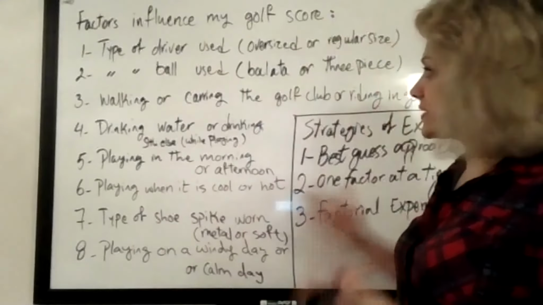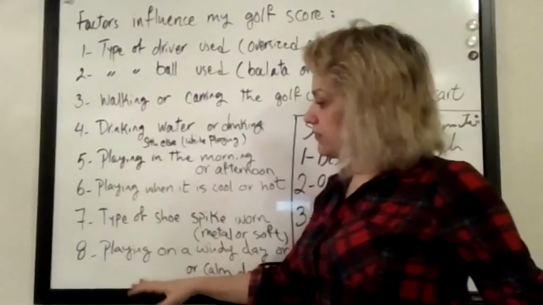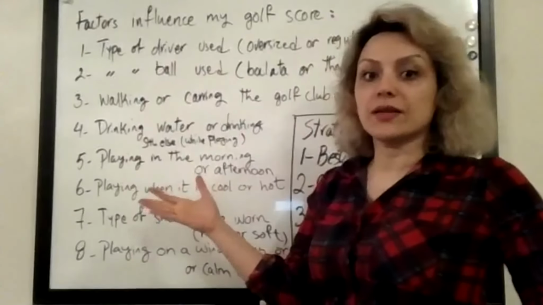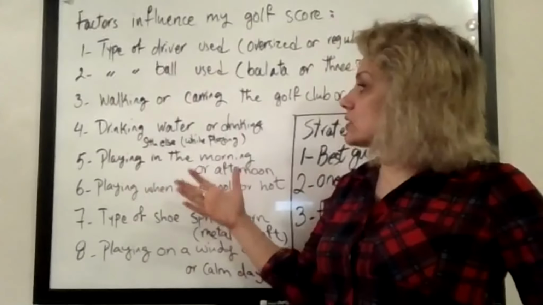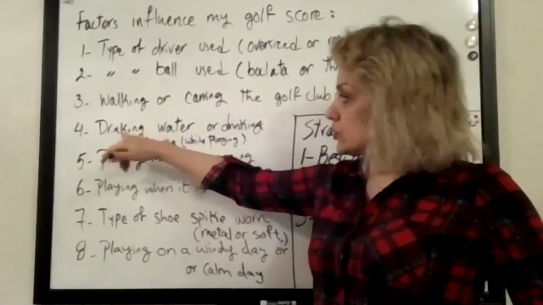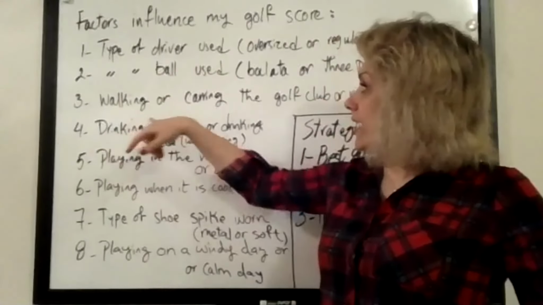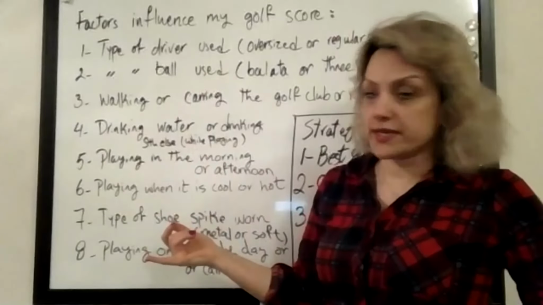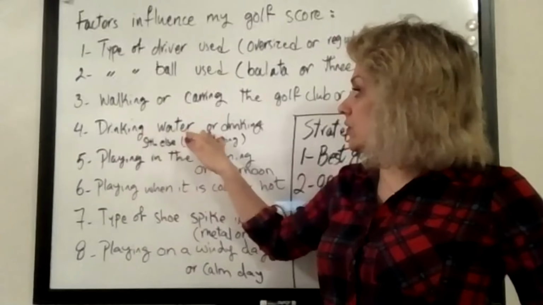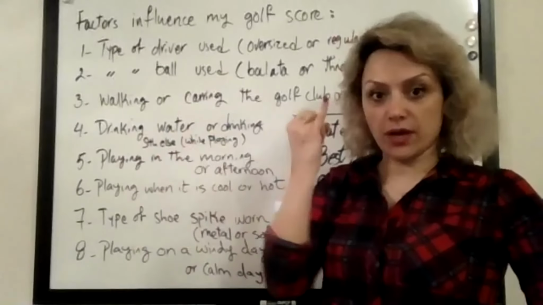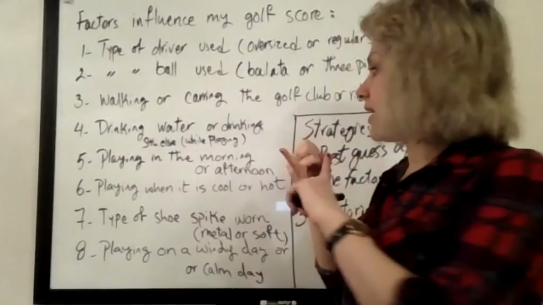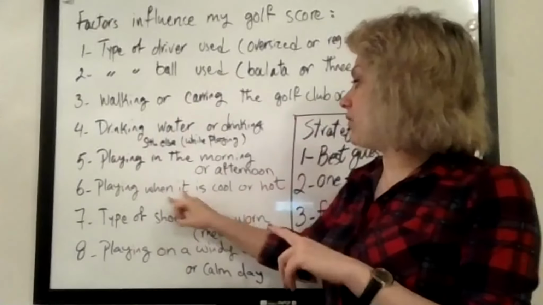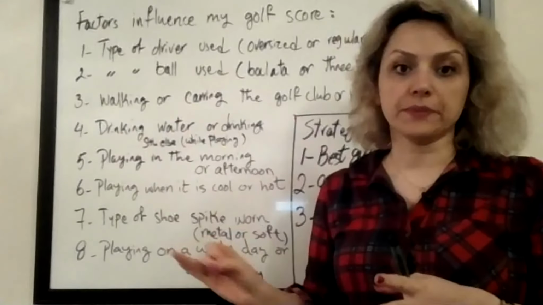For example, in this experiment that I want to conduct, let's say I choose factor number 4 and then factor number 6. Drinking water or drinking something else would be one factor. And then the second factor would be playing when it's cool or hot, for example.